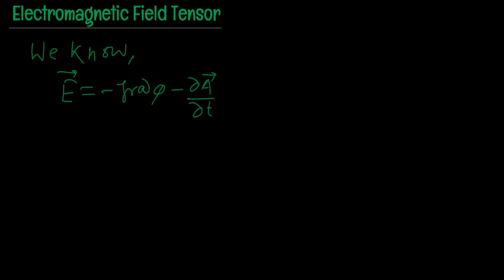This is how we define the electric field vector E in terms of the scalar potential phi and vector potential A. Let us say this is equation 1. At the same time, we also define the magnetic field vector B, and it is defined as the curl of vector A. This is our starting equation, and we aim to find the components of E and B in terms of this particular electromagnetic field tensor.